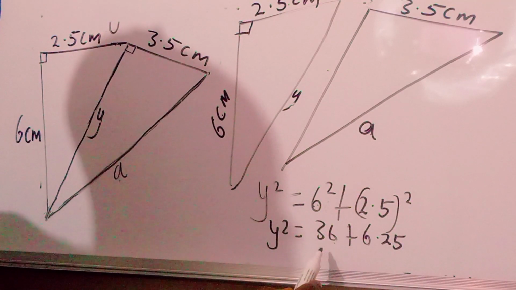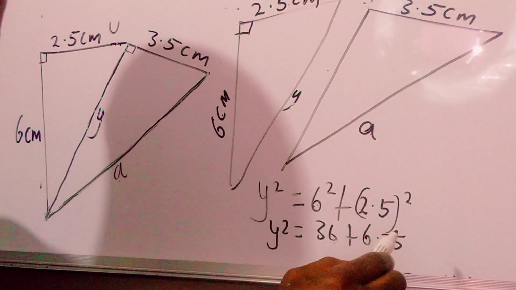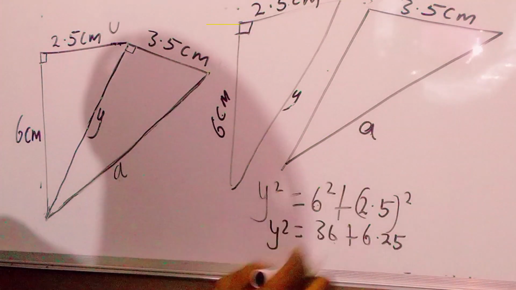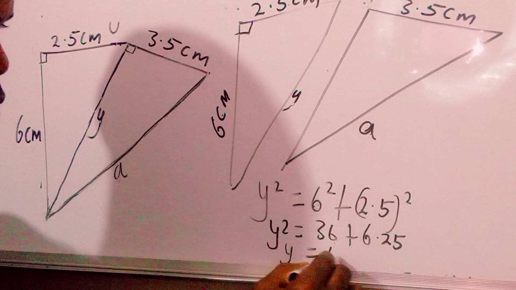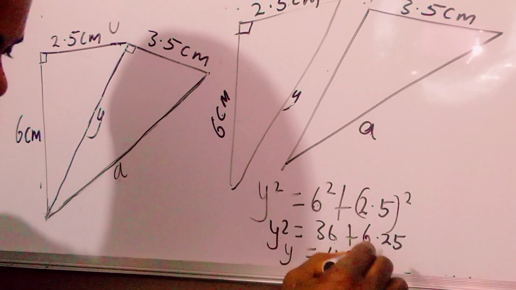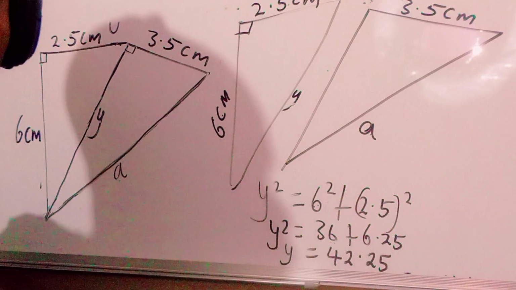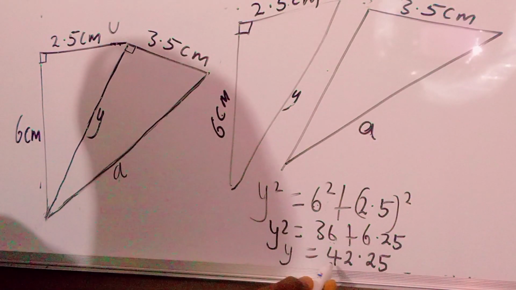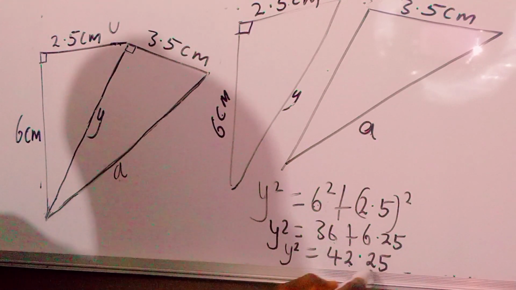When you add the value of 36 to 6.25, definitely you're going to have y squared equal to 42.25. Now the next point of interest will be to look for the square root of 42.25.